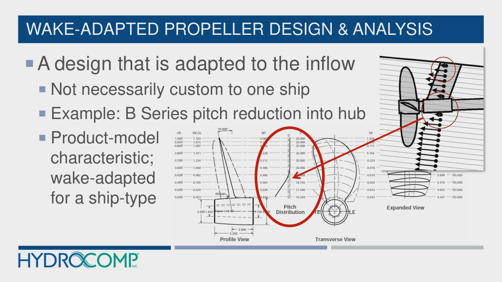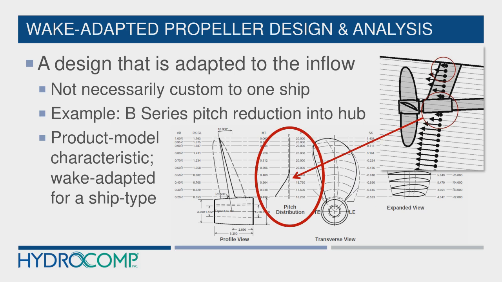That's simply a tip of the hat to the fact that boundary layers, like we see in the upper right, near the shafting and the strut bossing, are always going to slow the water down before it gets to the propeller. So velocities near the hub are always going to be slower, so we want to adapt the pitch to that slower velocity, and that is shown in this pitch reduction.